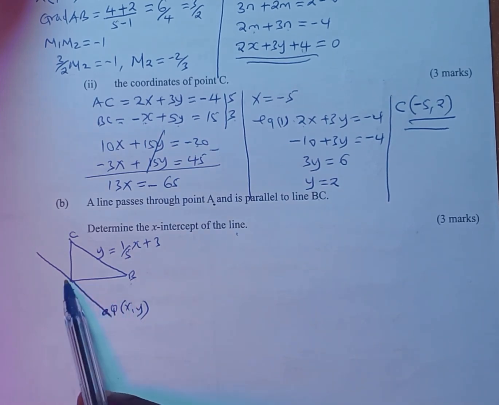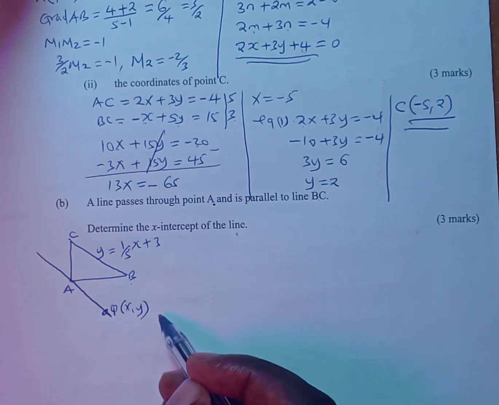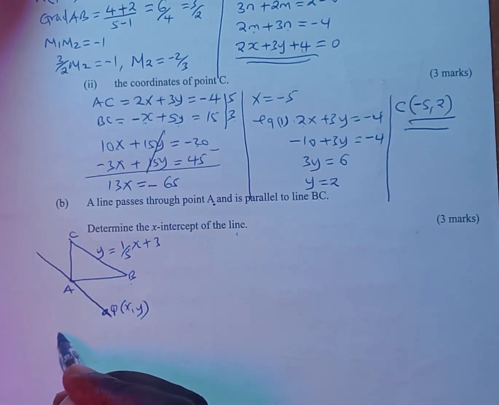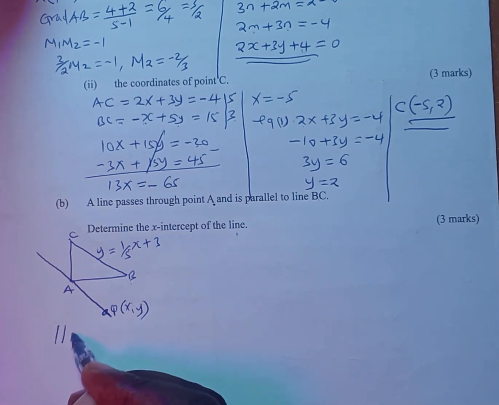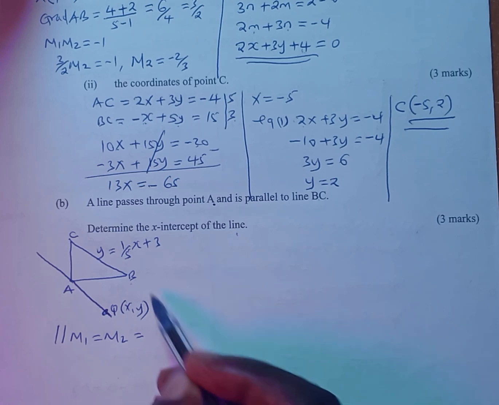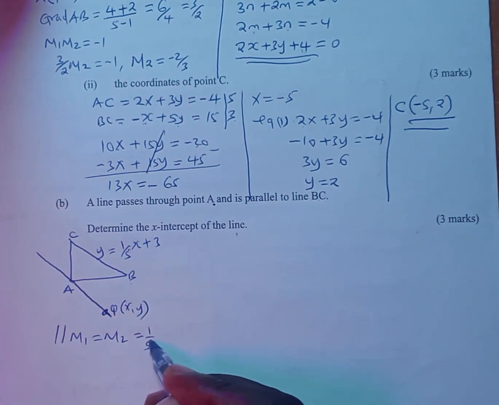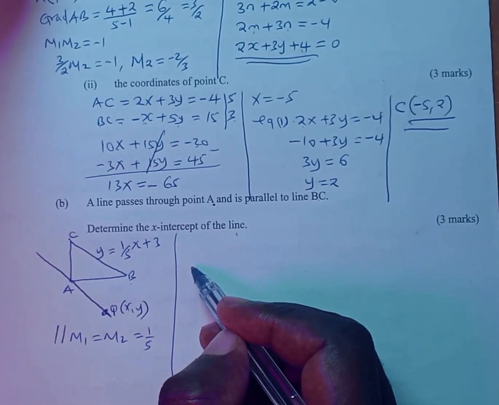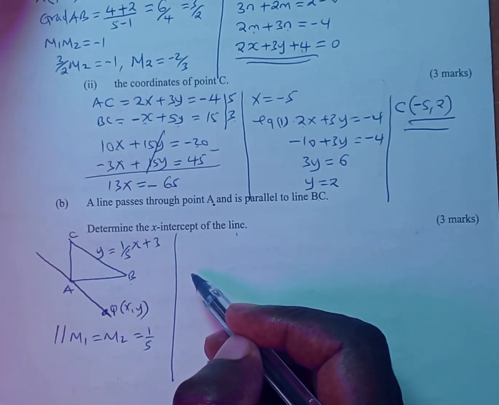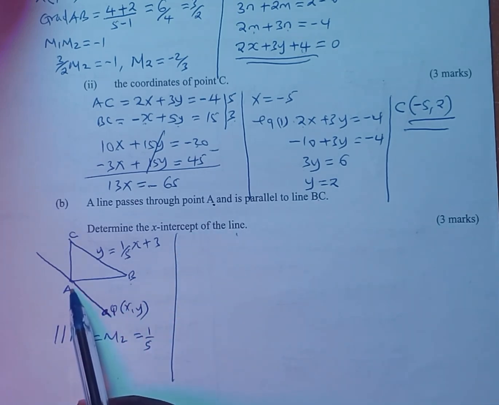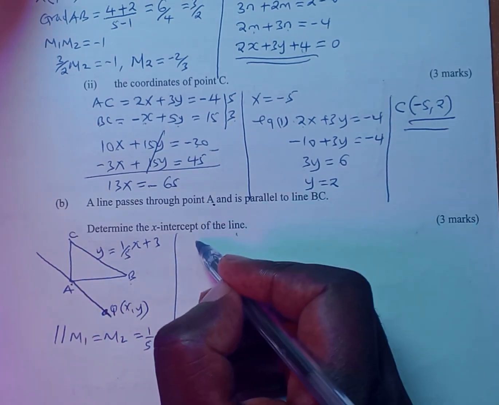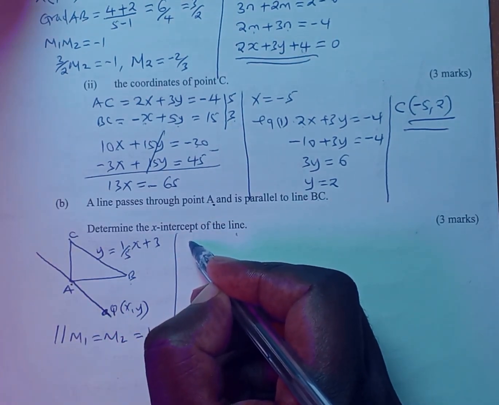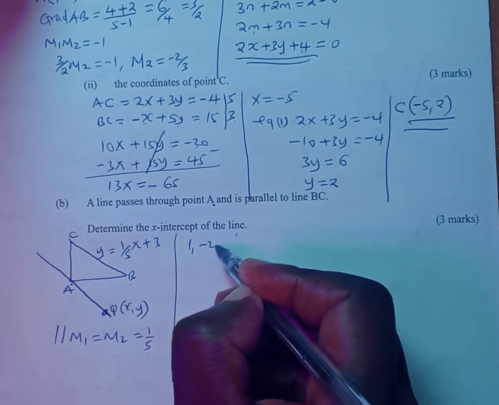Since we know that the two lines are parallel, we know for parallel lines m1 is equal to m2, and their gradient is actually going to be a fifth. Once we know that, we can now go down and of course take the point A, which is (1, -2).